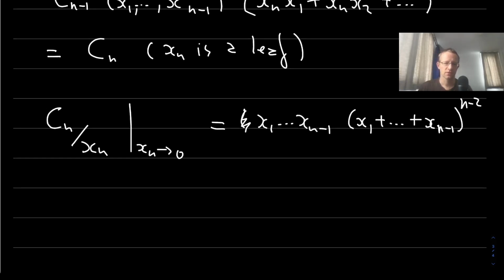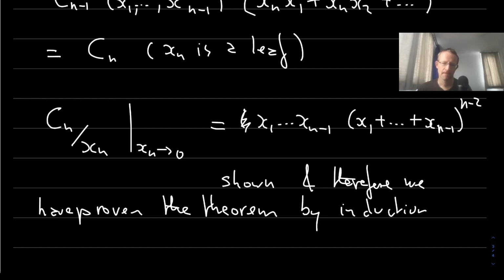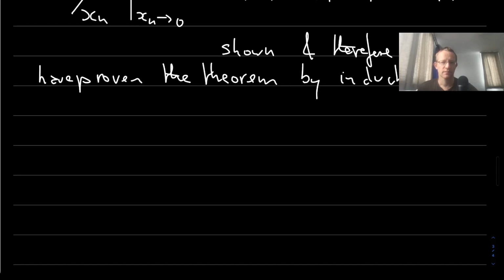So this is now shown, and therefore we have proven the theorem by induction on n. So what does the theorem tell us?